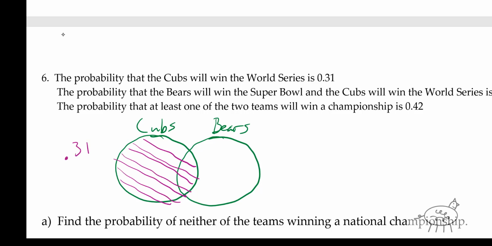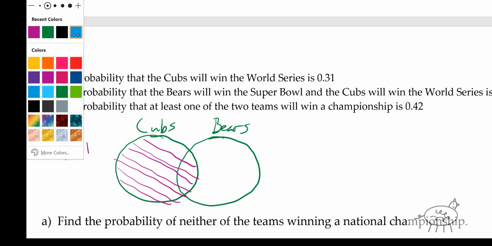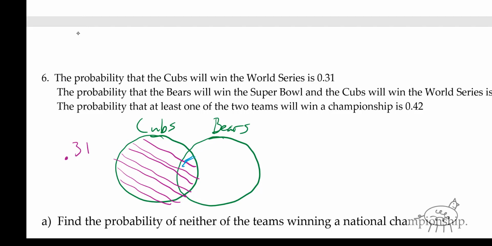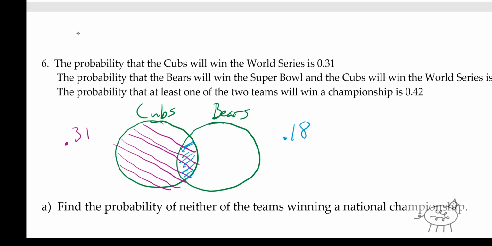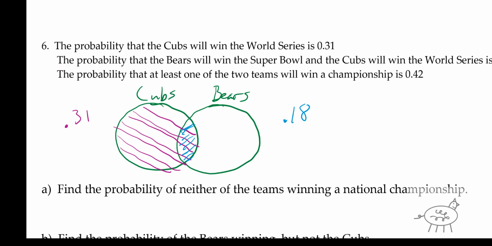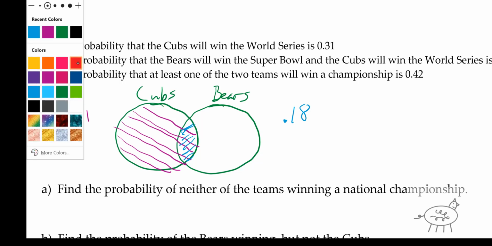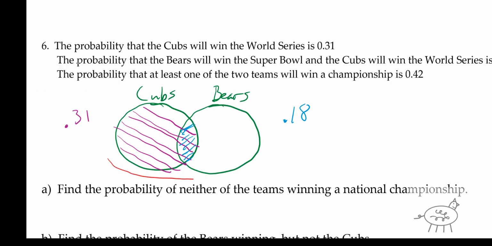And then the probability that the Bears will win the Super Bowl and the Cubs, that means it's the middle section here. So that's 0.18. And the probability that at least one of the two teams will win the championship is 0.42. So this whole thing is 0.42.